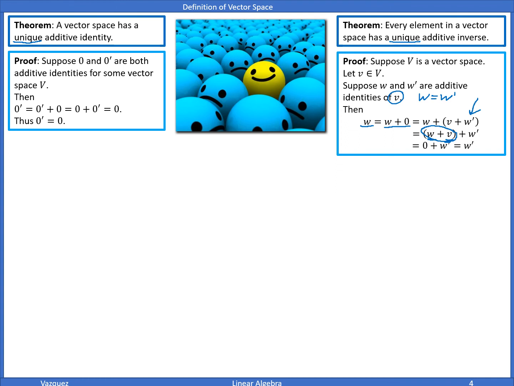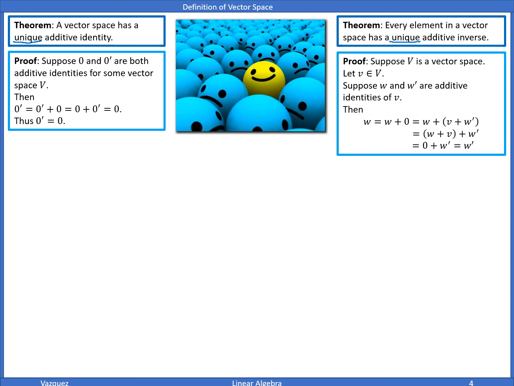So we get 0 plus w prime, which is equal just to w prime. Which shows that w is equal to w prime. So indeed, there's only one unique additive inverse.